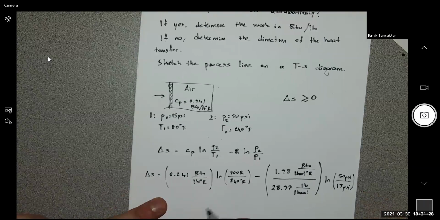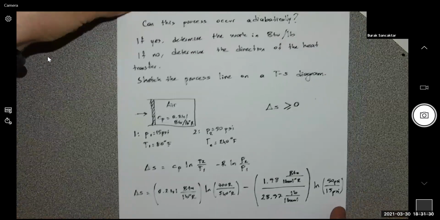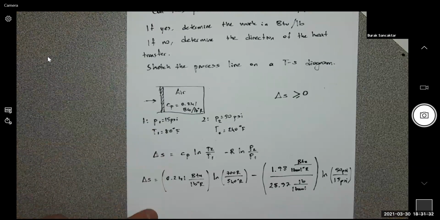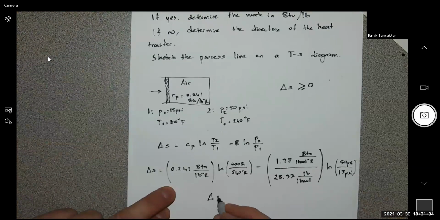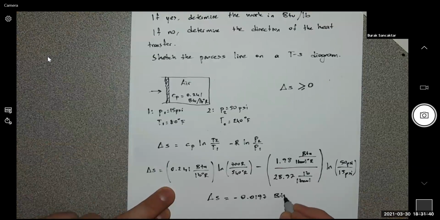From here, delta S will be equal to minus 0.0197 BTU per pound degree Rankine.